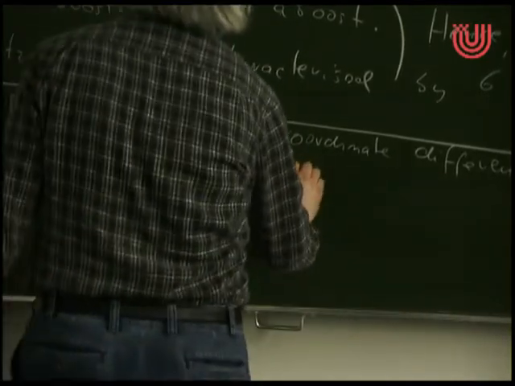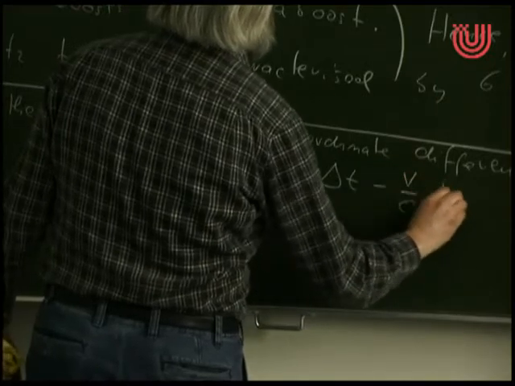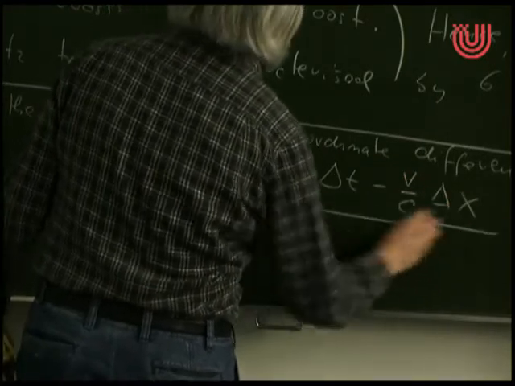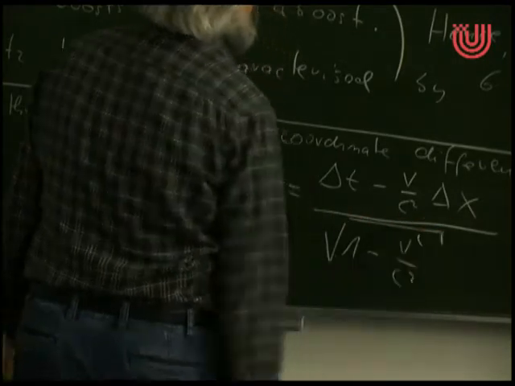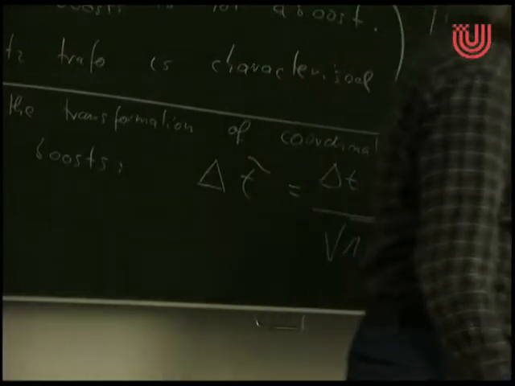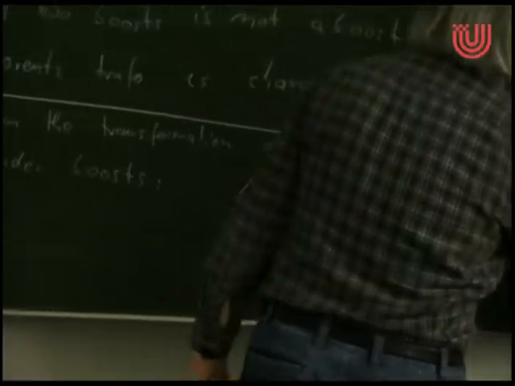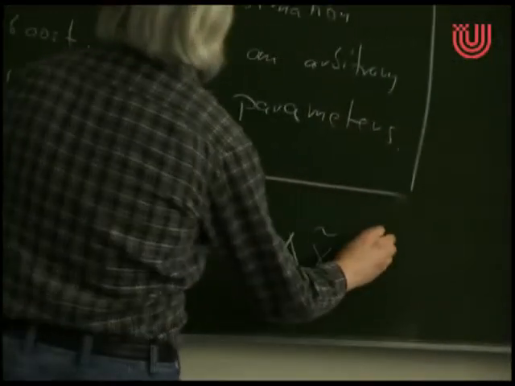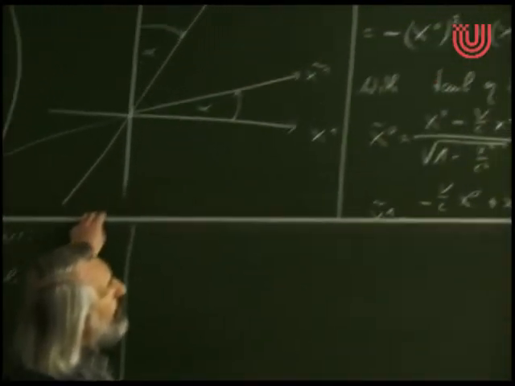Delta t tilde is delta t minus v over c squared delta x, divided by the square root. And delta x tilde is delta x minus, what was it, v times t, right?